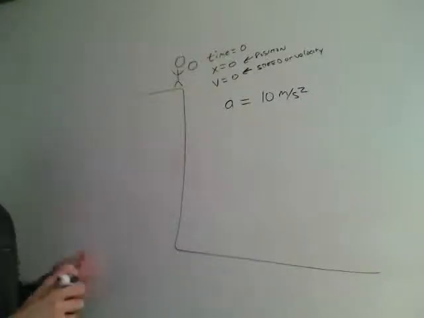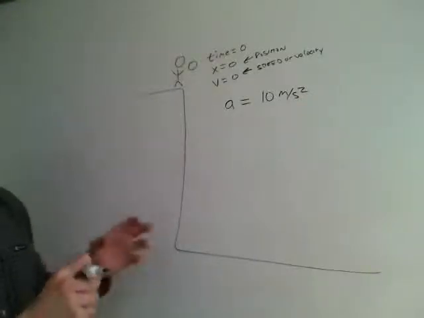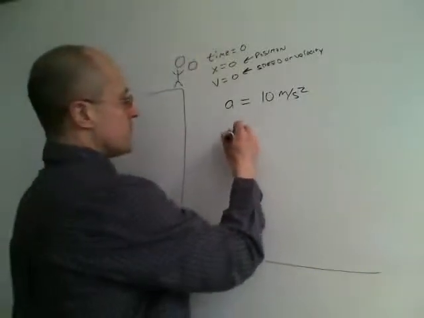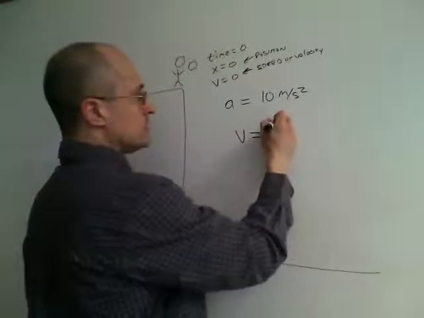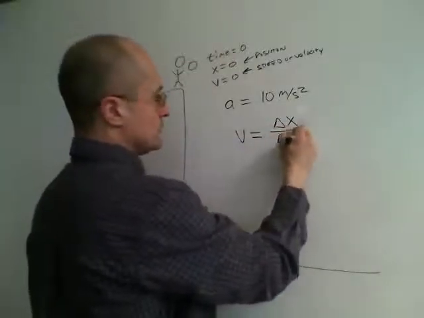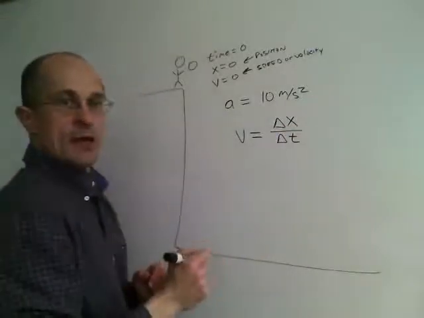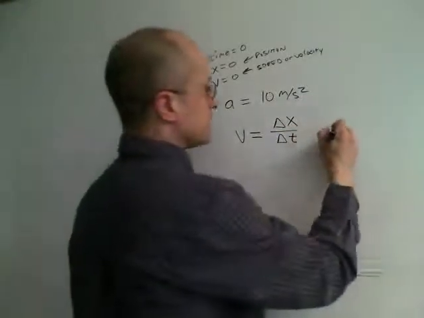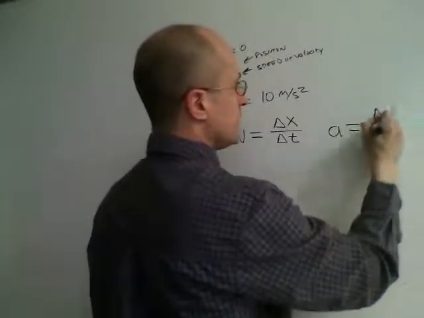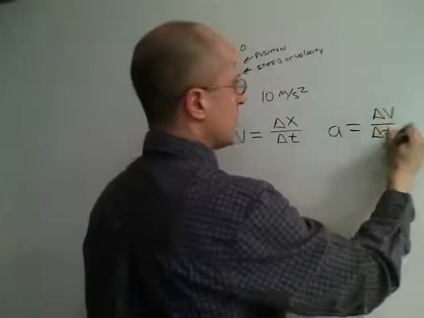So we had two equations that we talked about. We said that velocity was the change in position, change in x, over a change in time, and that acceleration was our change in v over our change in time.